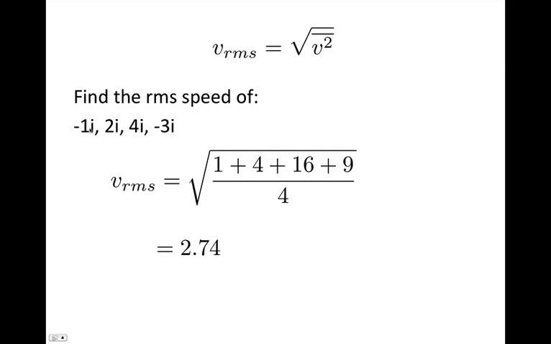So 1 squared is 1, plus 2 squared, which is 4, plus 4 squared, which is 16, plus minus 3 squared, which gives us 9. Now there's 4 values there, so we divide by 4. Then we take the square root. When you do that on the calculator, you get 2.74. So the RMS velocity for these values is 2.74.